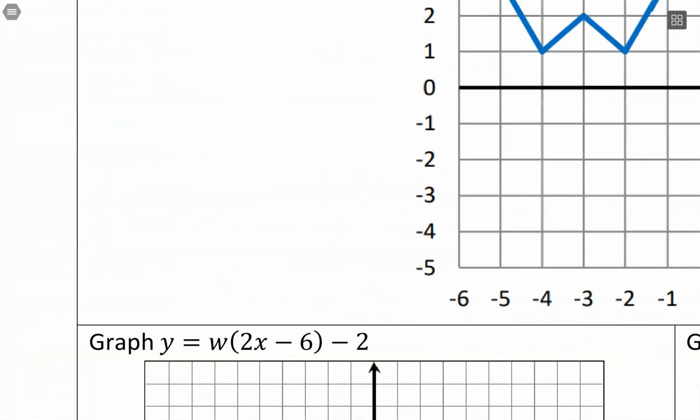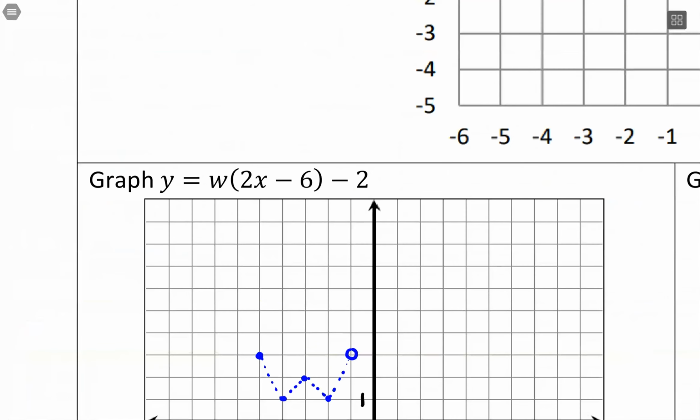So that's what's happening in this first case here: I can see something multiplying with x, however, I have something adding and subtracting on, and it's not factored out. So what I'm going to do is rewrite my function notation. So I have y equals w of, and I'm going to factor out 2, and that'll leave me with an x minus 3. And then I have this minus 2 on the outside.